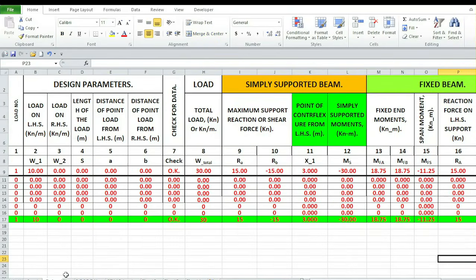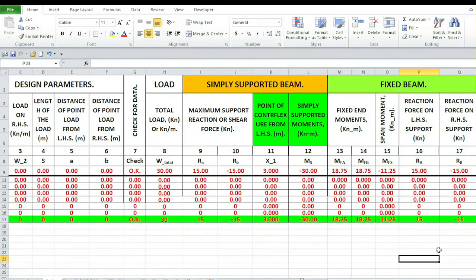This is our data cell, and here all the calculation is there. Bending moment, shear force, simply supported beam, fixed beam, and total load, maximum support reaction, point of contraflexure, simply supported moment, fixed end beam.